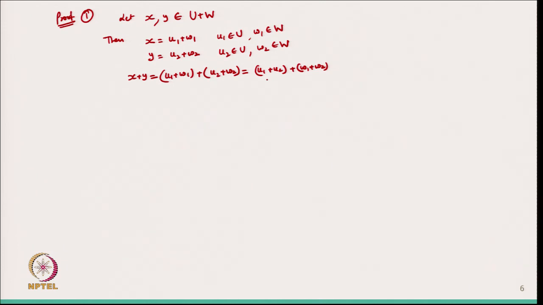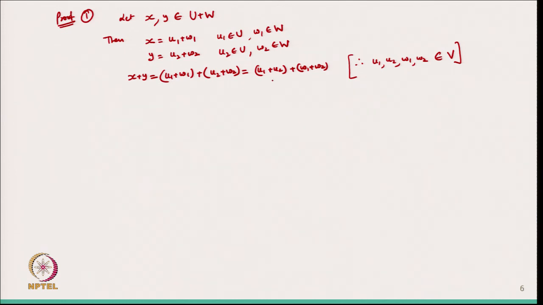I can do this because in vector spaces the associative property is satisfied. So, we can shift the elements and write like this.